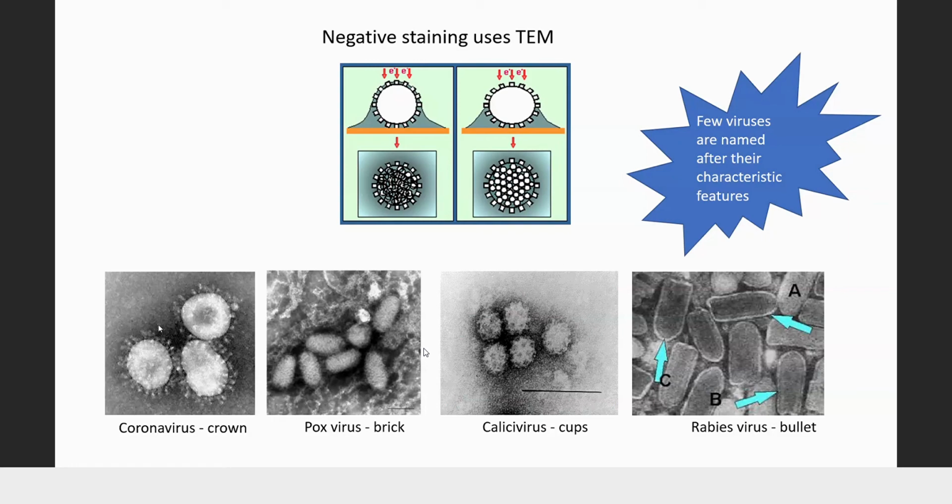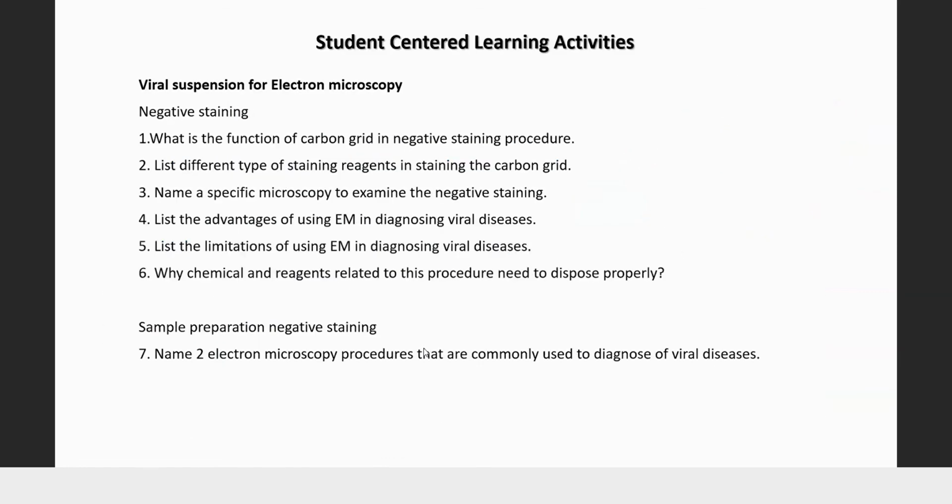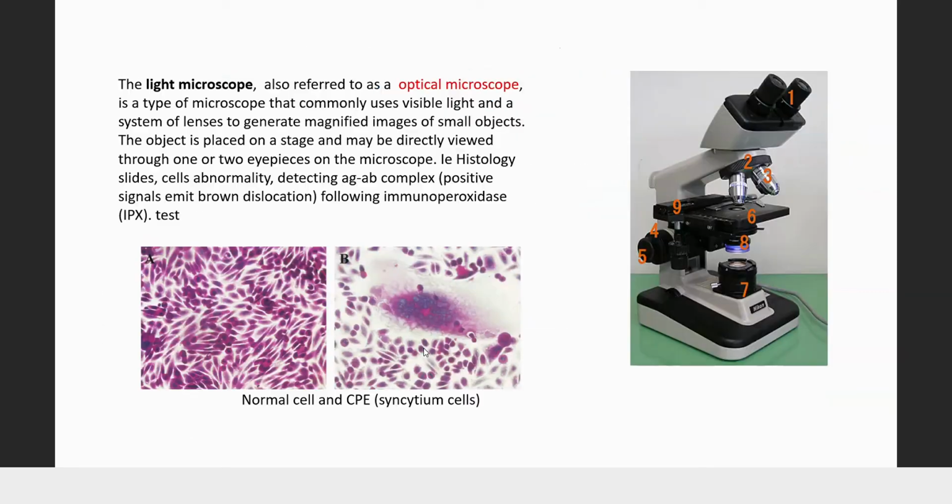There's no color here. These are all stained. They're all black. Bukan Prof. Yang illustration, Prof. I'm explaining. I don't know. The color picture is not TEM. That is light microscope. Huh? Yeah. Let me see. This one?